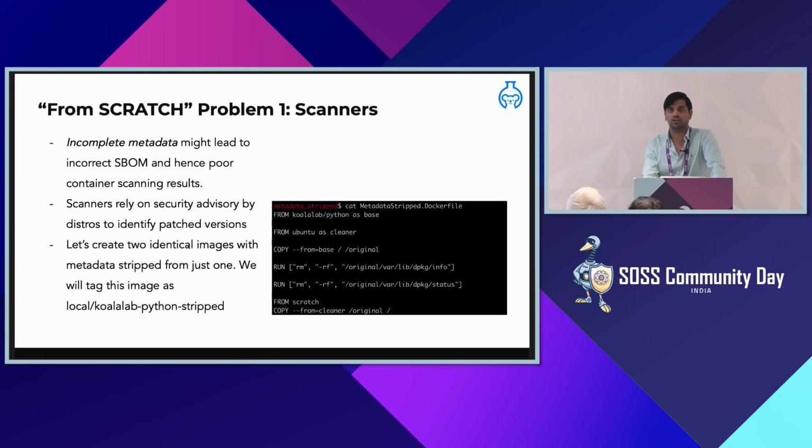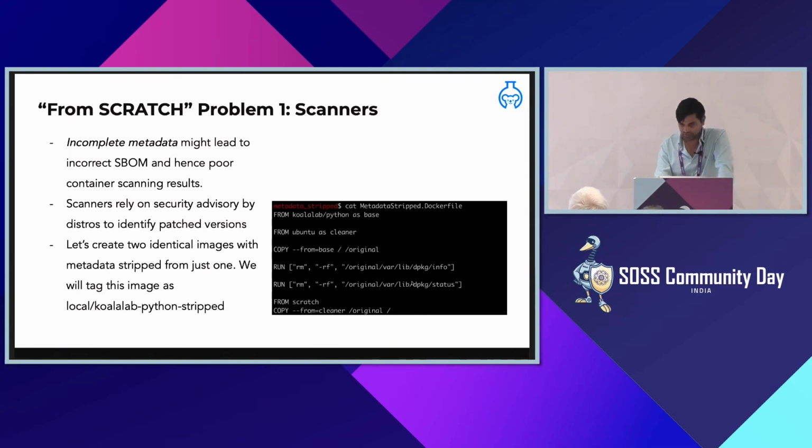If you are compiling something, putting it inside a file system and creating your own Docker image from scratch, you will end up not having the appropriate metadata that will be identified by the scanners. Scanners also rely on the security advisories published by the distros to identify which exact version you have installed. I will demonstrate this.